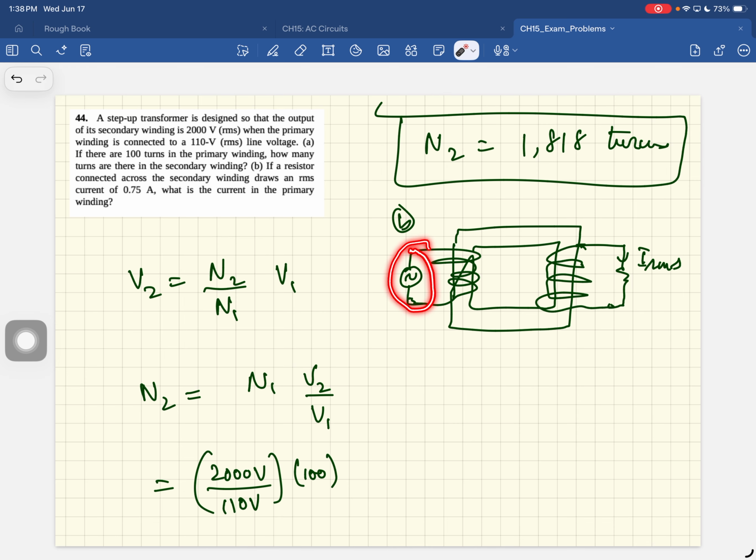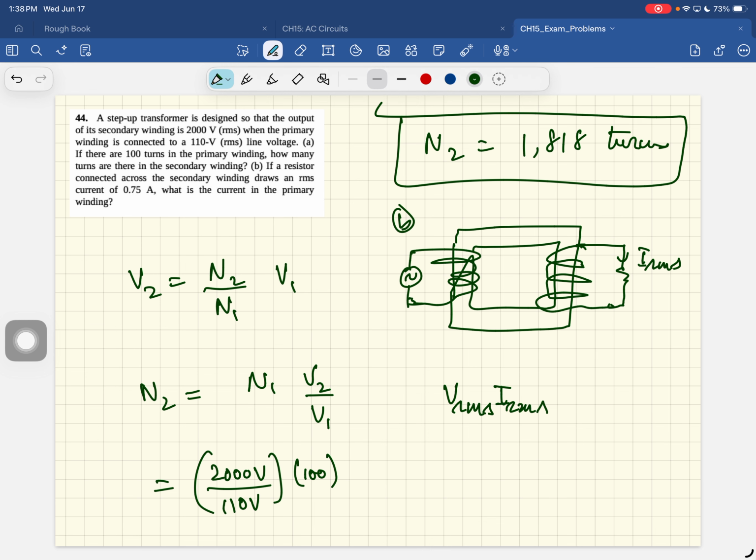What is the ratio of the number of primary to secondary turns? So V2 by V1 equal to N2 by N1. V2 was 12 volts, that's 110 volts.